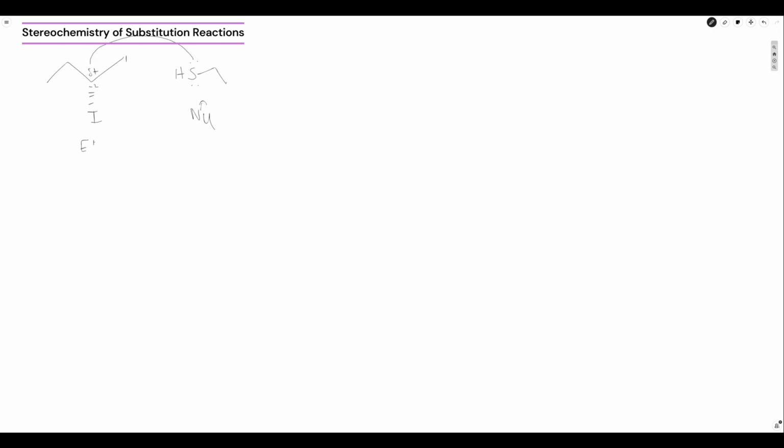Well, the nucleophile comes in and attacks from the back side of the leaving group and displaces the leaving group. And what do we get? We get our product with inversion of stereochemistry, plus HI in this case. I don't think that's always entirely necessary, but in any case, this is the product that forms from these starting materials. Now, the question before us is, how do we explain the backside attack?